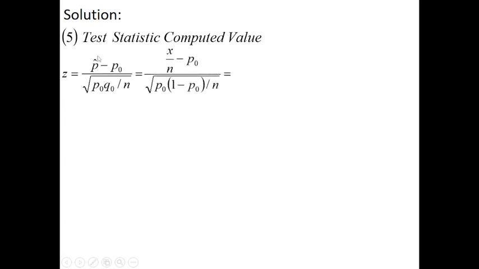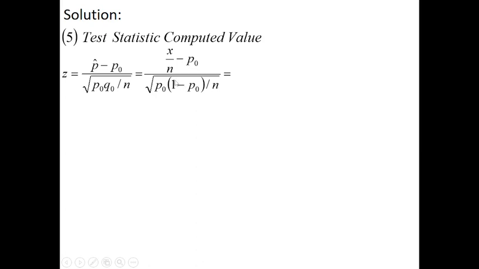So there's a statistic computed value. We have this formula: z equals p hat minus p sub 0 all over the square root of p sub 0 q sub 0 over n. And this is the formula for p hat, x over n.